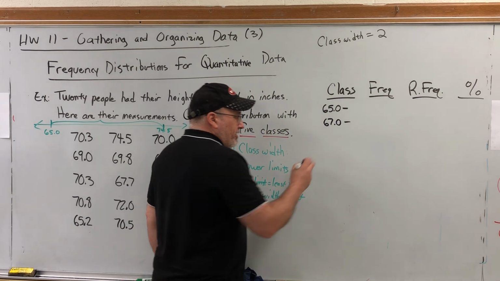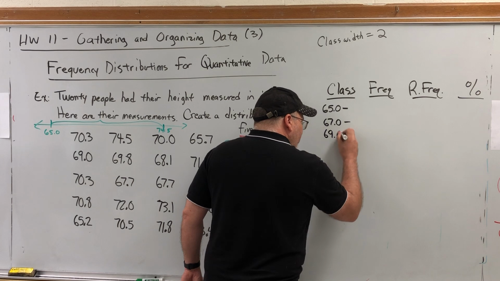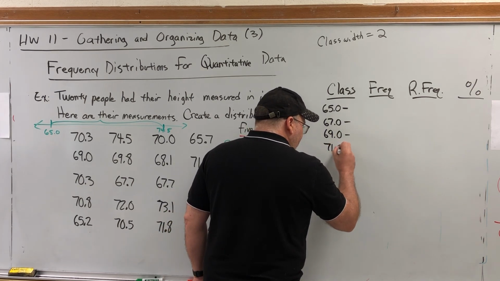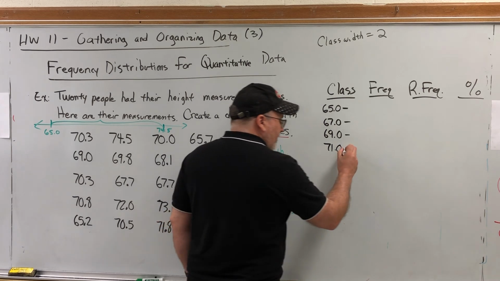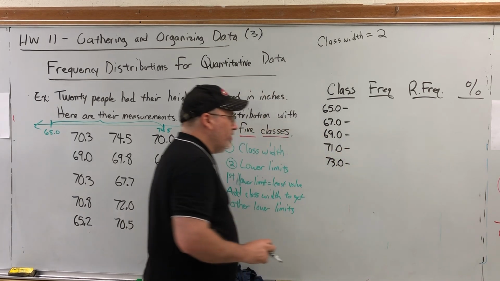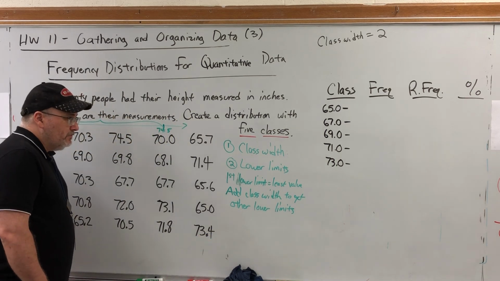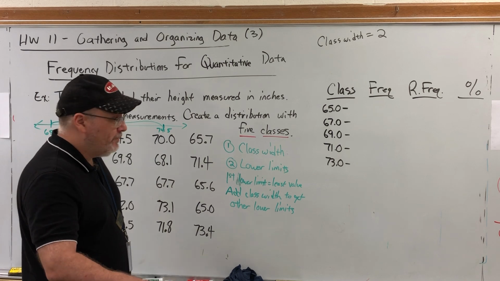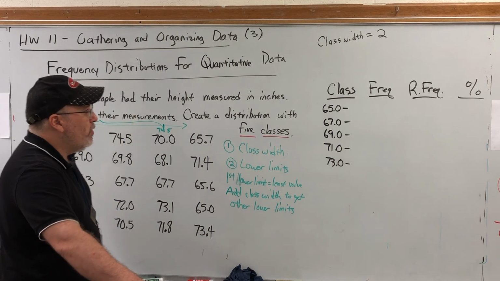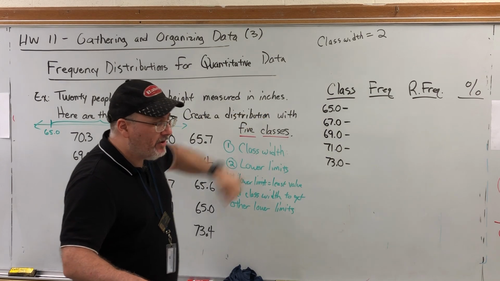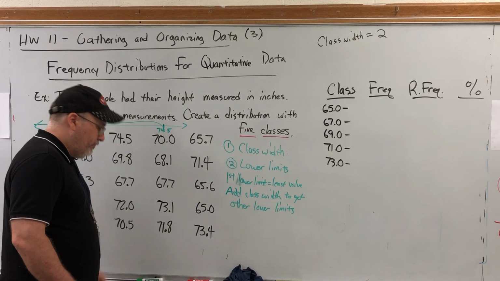And then add 2 again, 69.0. And then add 2 again, 71.0. And then add 2 one more time, 73.0. And that's my 5 classes' beginnings, open lower limits, if you will. Again, the way you progress from one lower limit to the next is you add the class width that you calculated in the first step.